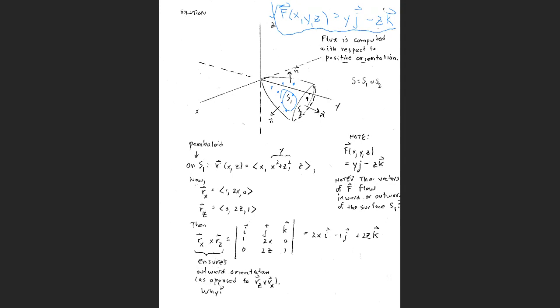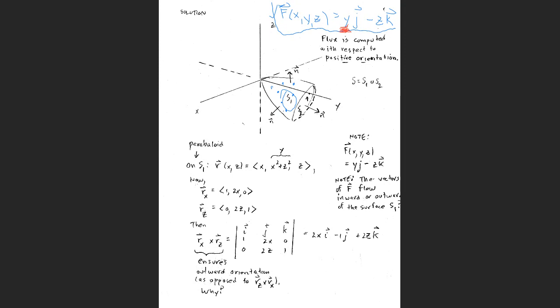In particular, focus on the j component. It equals y. That's going inward, because all the coordinates on the paraboloid have positive y components.